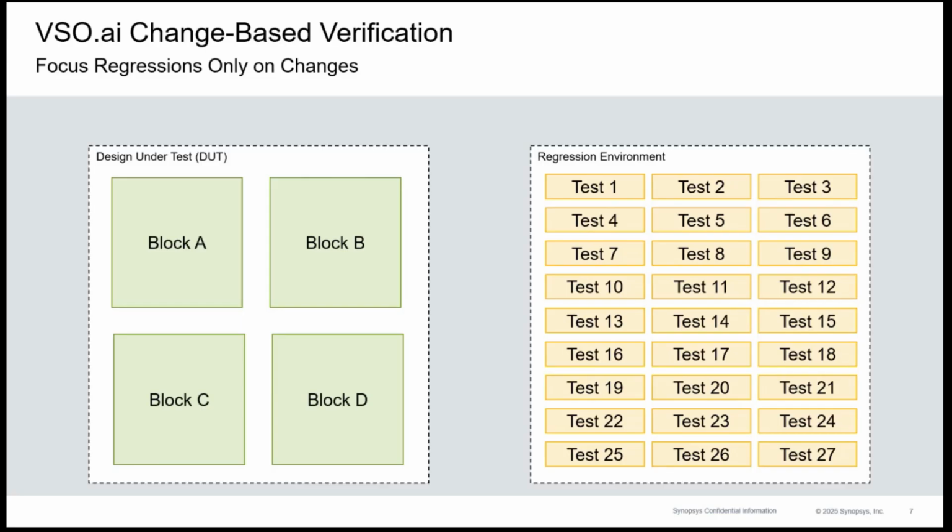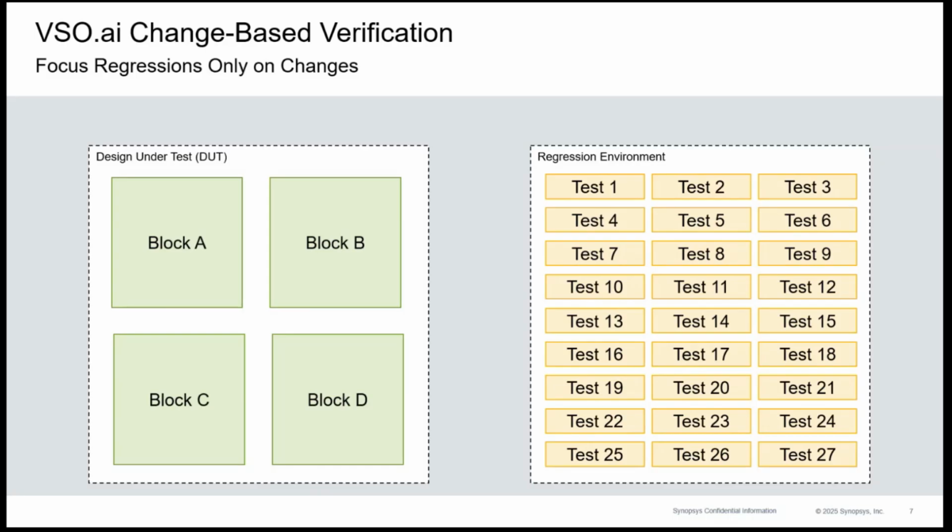This is mainly to flush out the bugs, improve confidence, and still hit the desired coverage closure. Before VSO.ai, the traditional coverage closure methods, which are seed-based, were not aware of any changes or revisions to the RTL. But VSO.ai employs a novel technique that identifies the changes in the RTL or testbench.